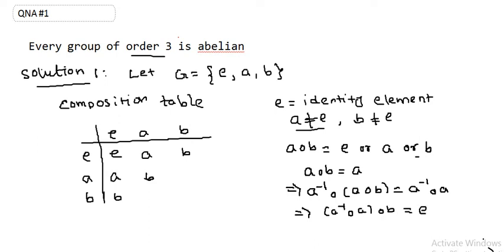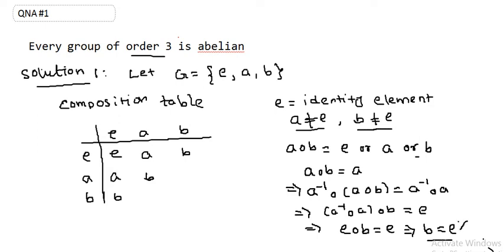A inverse compose A is the identity element, because G is a group, and the inverse composed with the element itself gives us the identity. So A inverse compose A again gives the identity. So from there we get B equals identity. But we assumed that B cannot be equal to identity.